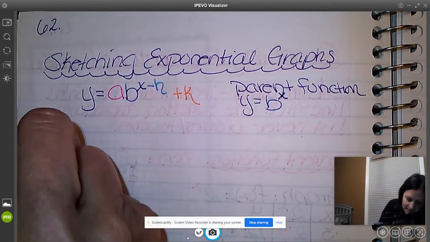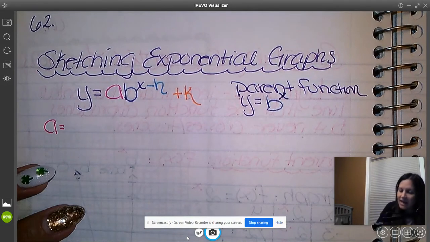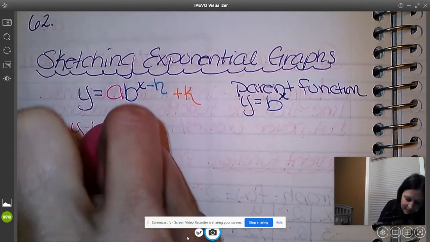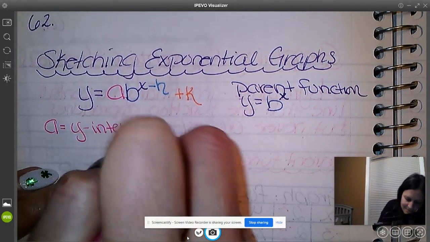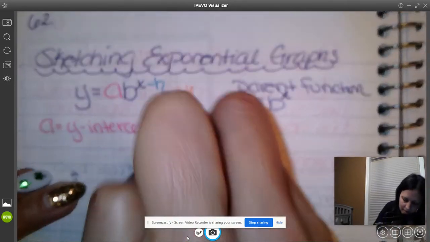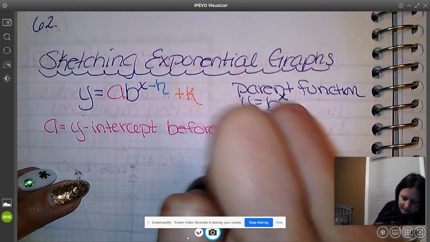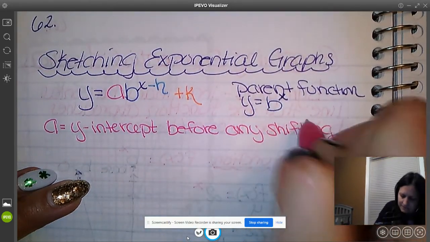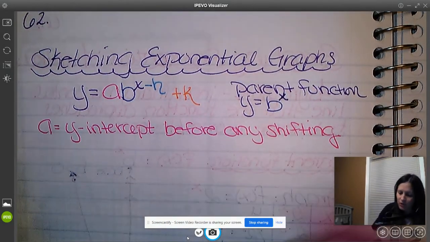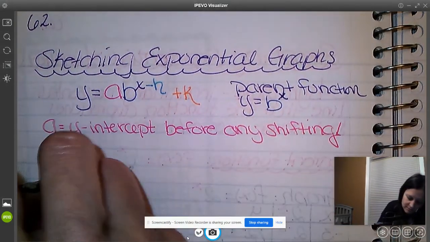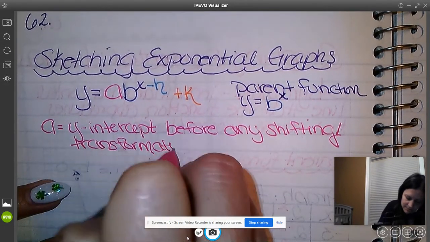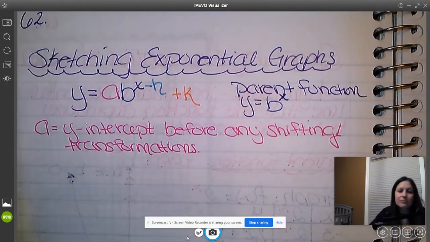So a is our y-intercept before any shifting or transformations. Okay.